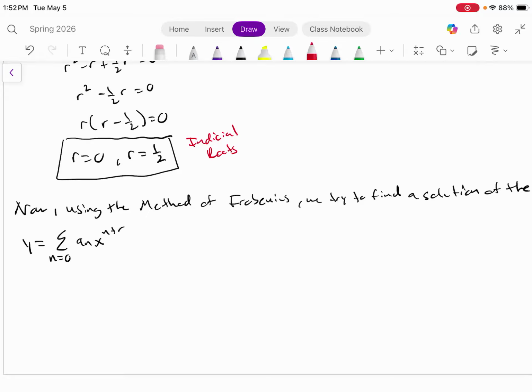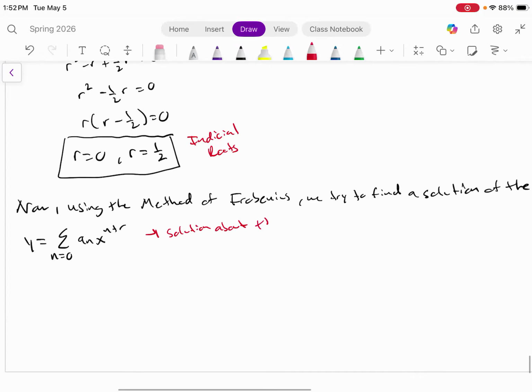Just remember, this is a solution about the regular singular point x equals 0. Think about it as like x minus 0 to the n plus r.